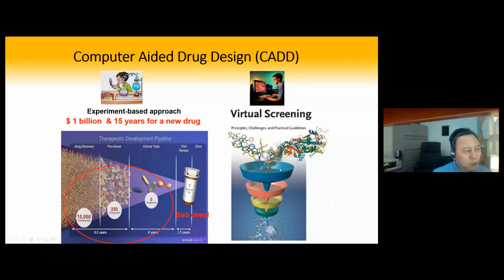With a computer, we can eliminate those bad compounds by doing virtual screening, using the information of the drug target. We know its sequence, we know its structure, we know a lot of information about our drug target. So in the computer, we can set up the virtual screening.